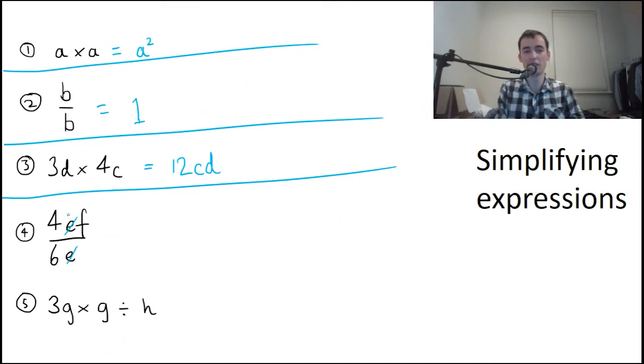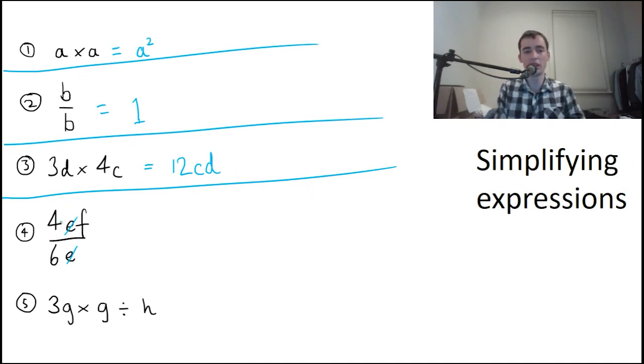It's just the same as timesing the whole thing by 1. And when you times something by 1, it stays the same, doesn't it? I mean, if you got 2 times 1, then it's just 2. So you don't even need the 1. That's why we just cross them out, and we're not even writing a 1 there. Because if you times something by 1, it just stays the same. So we don't need to write the 1.